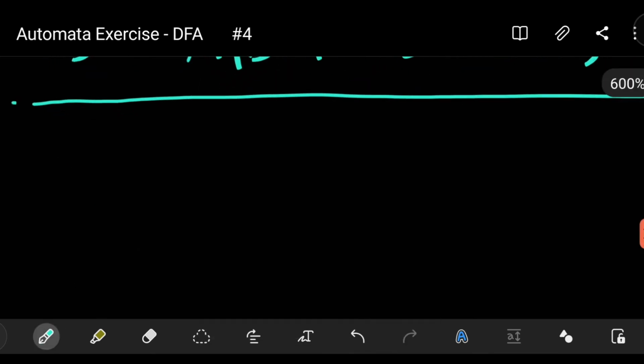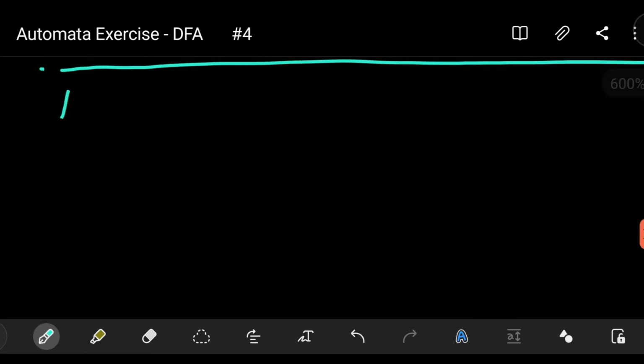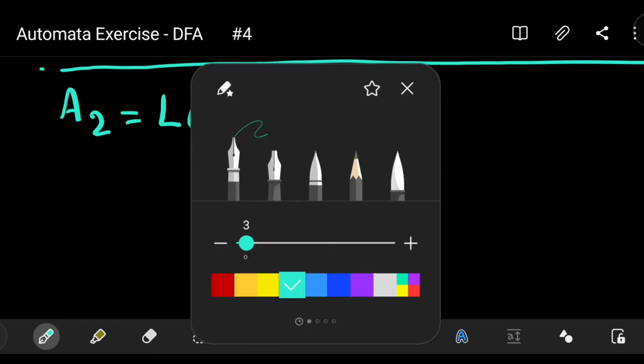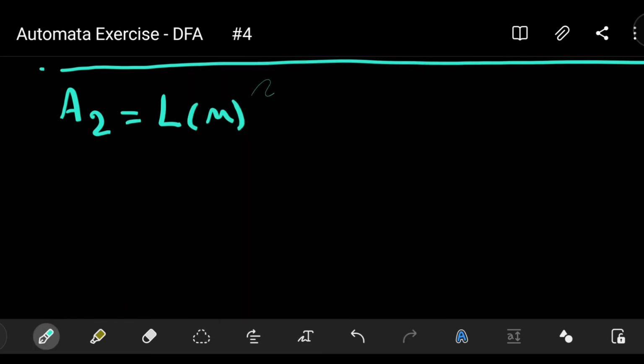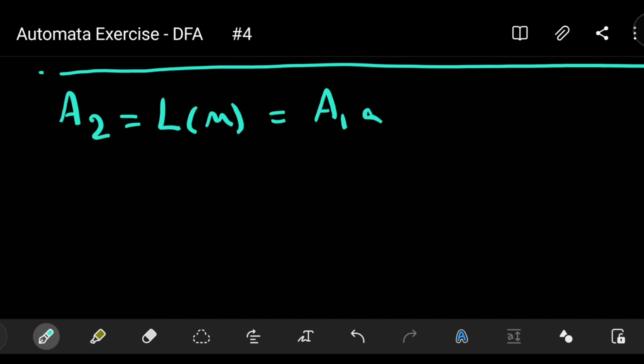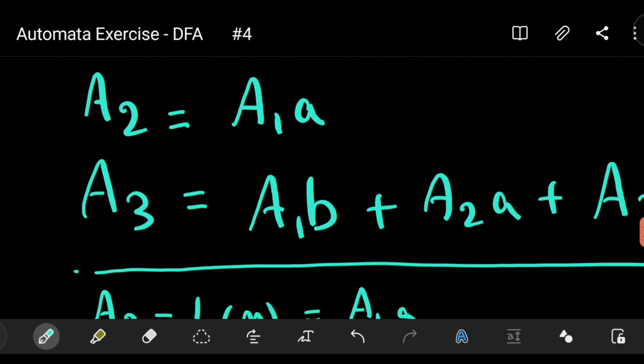A2 equal L of M for the arrival. So the equation is equal to A2, and A2 is equal to A1A according to this equation.